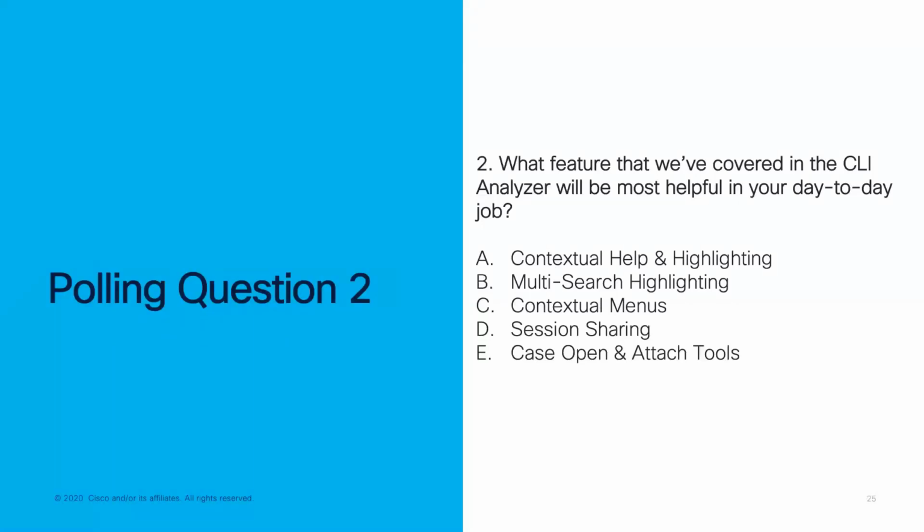Of those features that Nick and I have just covered, what feature do you think will be the most helpful in your day-to-day job? So you got a couple of choices: contextual help and highlighting, also known as CHH. That's the inline pop-ups. Multi-search highlighting, which Nick just demoed, being able to look at pattern-based searches throughout the CLI.